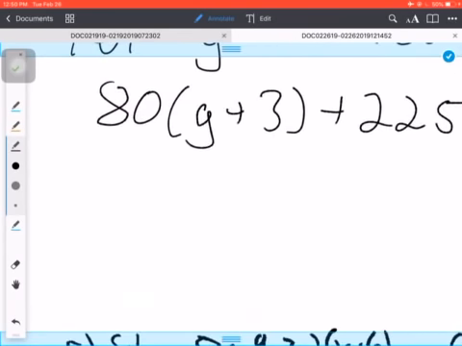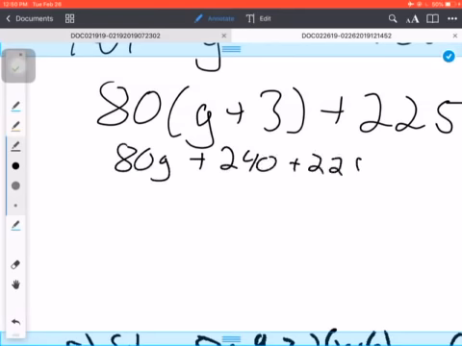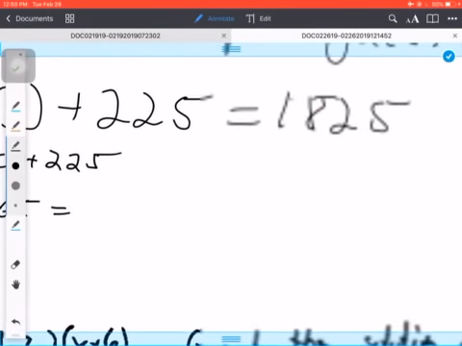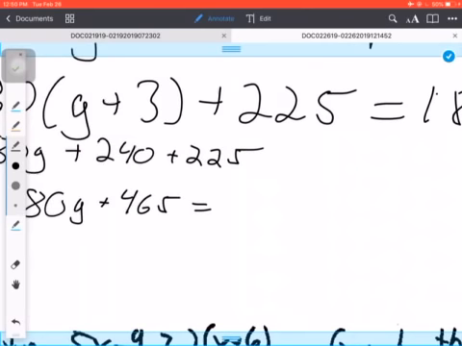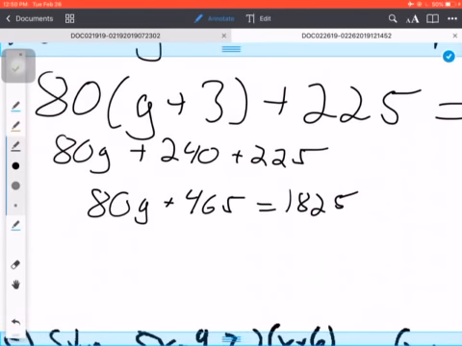All right, let's simplify. 80 times G is 80G. 80 times 3 is 240. Combine these two terms together. I now have 80G plus 465, and that's going to equal this $1,825. I want to get the variable terms alone, so I'm going to subtract $465.